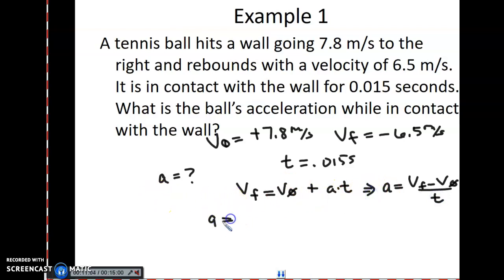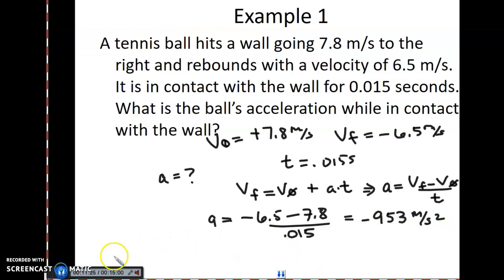So to find your acceleration, you're going to say final minus initial over the time. And the units are going to be meters per second, and seconds, and you are going to get negative 953 meters per second squared. So quite the acceleration.